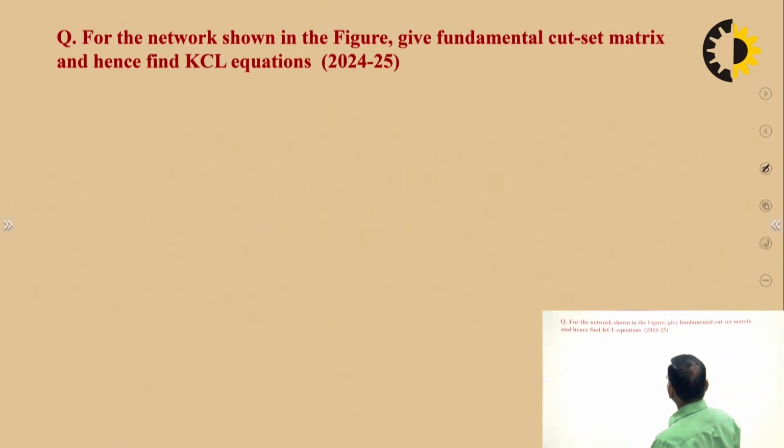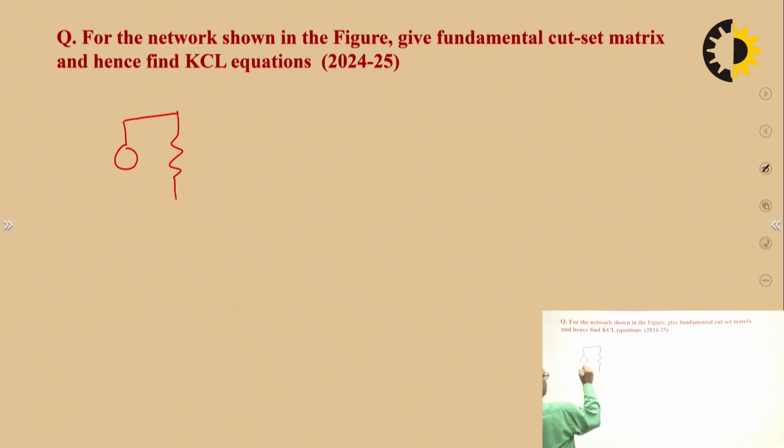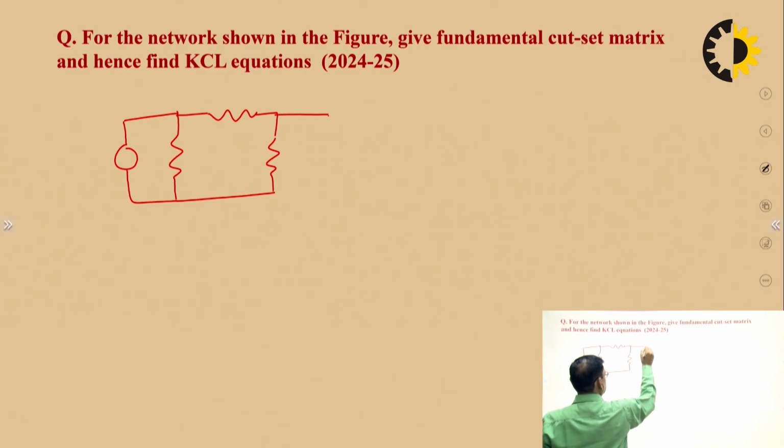Network shown in the figure, give the fundamental cut set matrix and hence find the KCL equations. So the network is like this. It is also in the AKTU examination 24-25. This question has been asked. So this is the given network.